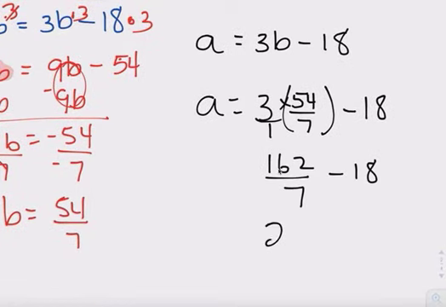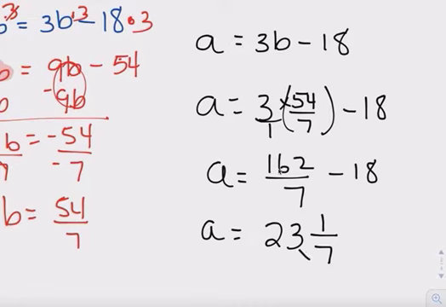Oh my gosh, I'm sorry you guys, I gave you too difficult a number. 23 times 7 is 161 with a remainder of 1.